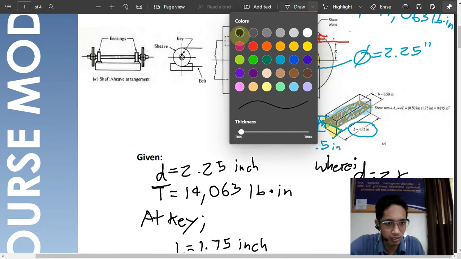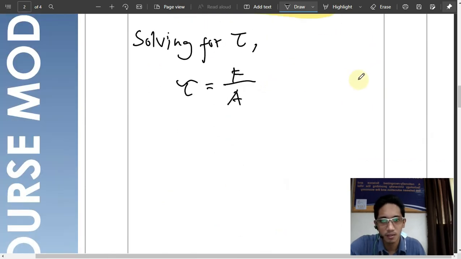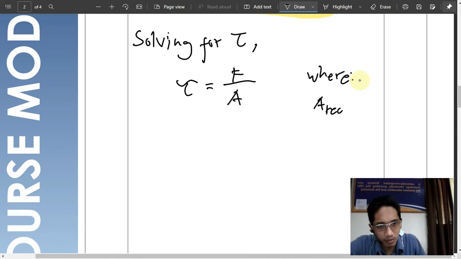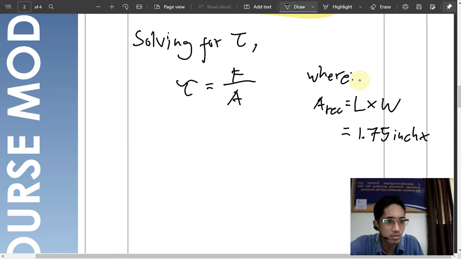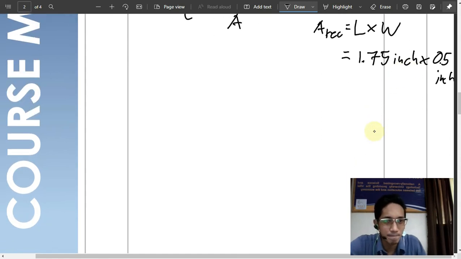The area of a rectangle is equal to length times width. So what is the length? 1.75 inches times 0.5 inch. Just make sure the units are inches.